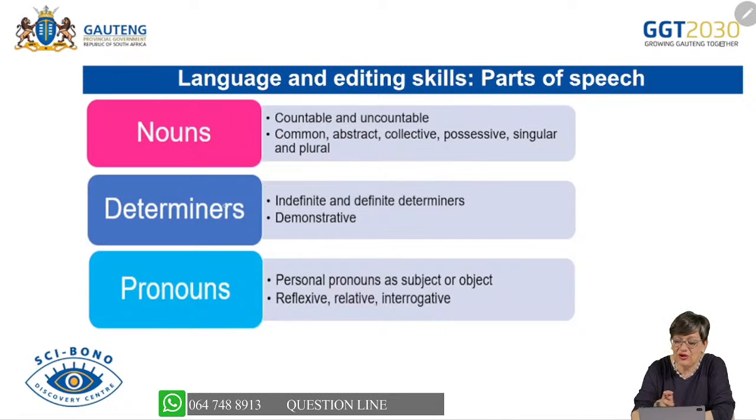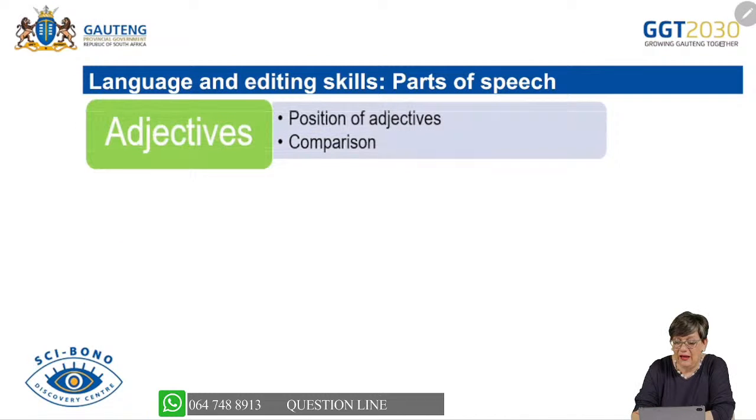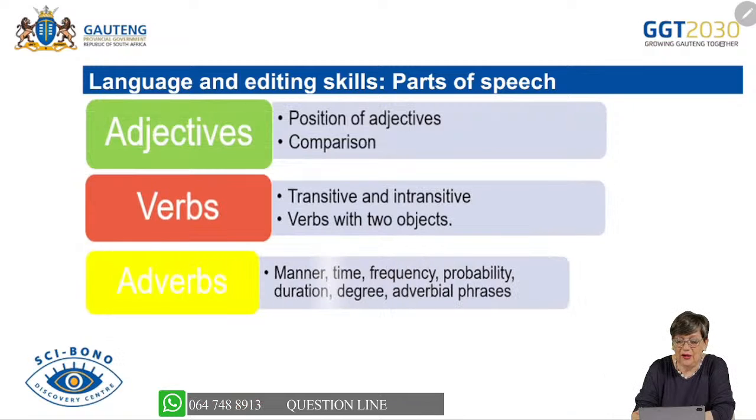So always make sure you know the detail. And then we've got adjectives, you've got your verbs, and obviously your adverbs. Now, I'm not going to go into detail now. You have to make sure that you study and you know them. Let's go to your question.